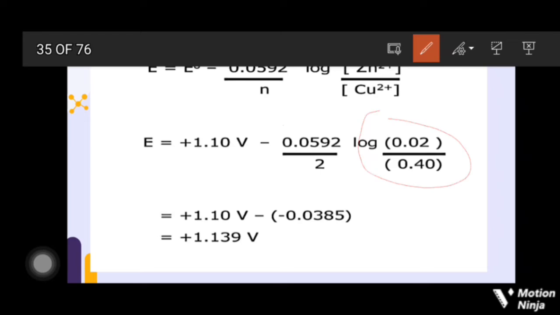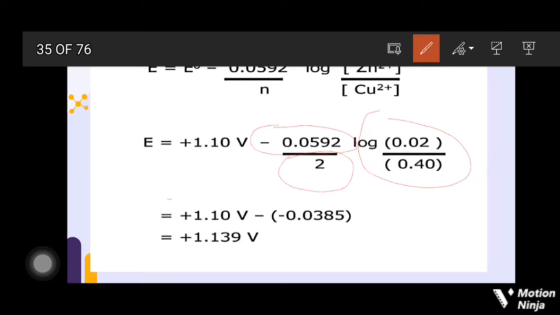After you have calculated that, you need to multiply it by the negative 0.0592. The answer of that you are going to divide by the number of electrons involved in the reaction, which is 2. Why 2? Because there were only 2 electrons present in the reaction of zinc and copper.